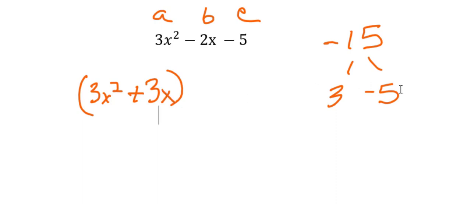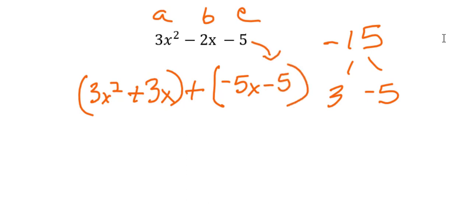Because remember, these two equal the center, which is a negative 2x. So there's my 3x. Now all of this is going to be added to this other binomial, which is my negative 5x. And this negative 5 is just going to come down, minus 5. All right, so that's how we get started.